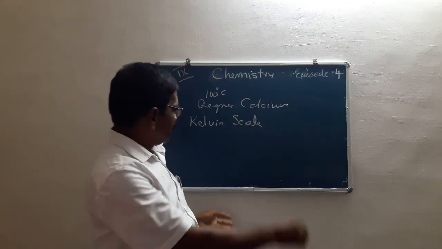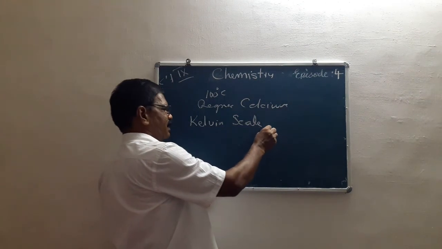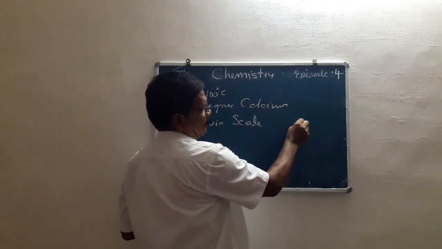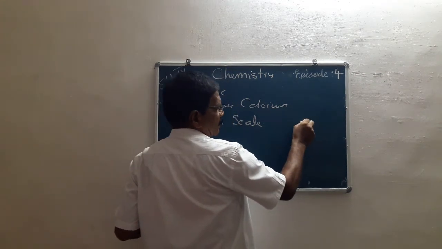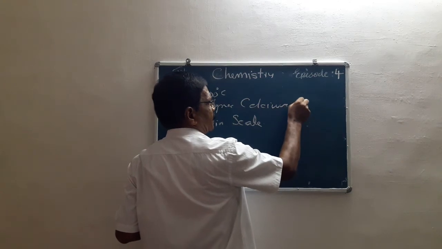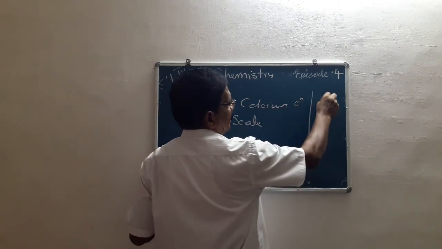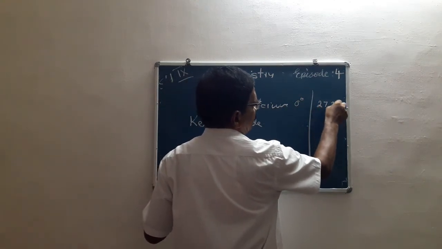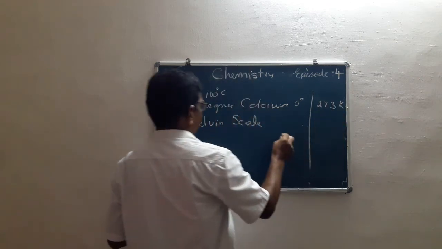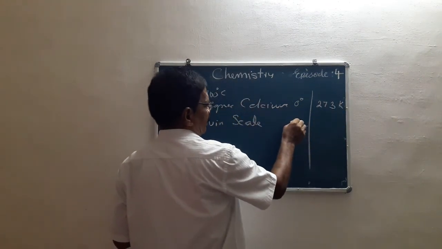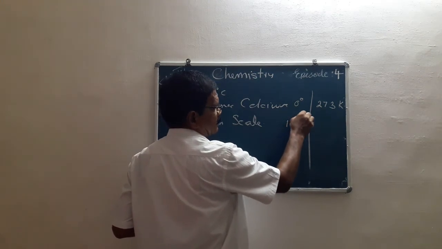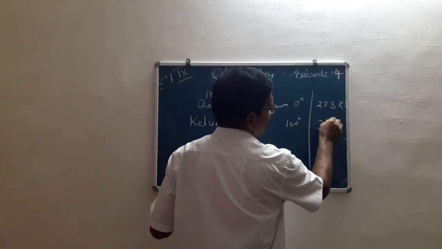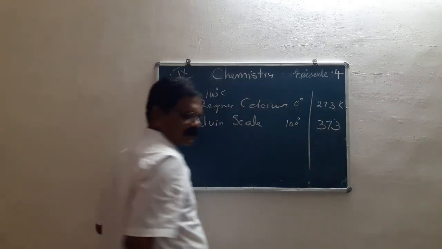But in the Kelvin scale, the melting point of ice is 273 Kelvin, where the Celsius scale says 0 degrees centigrade. The boiling point of liquid water is 100 degrees Celsius. In the Kelvin scale, it is 373.